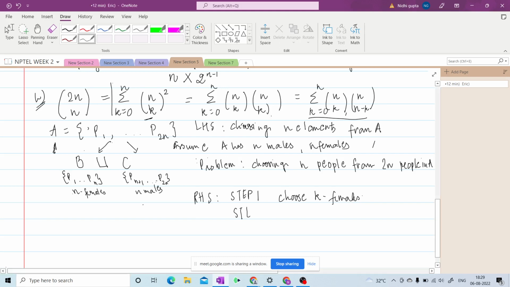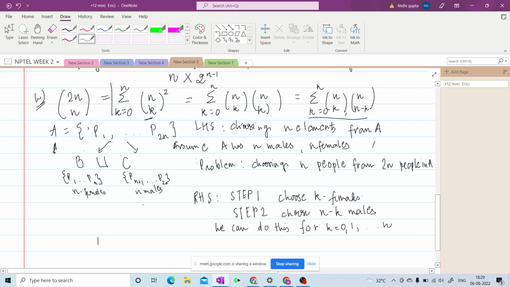Step 2: choose N minus K males. And we can do this for K going from 0, 1, 2, up to N.